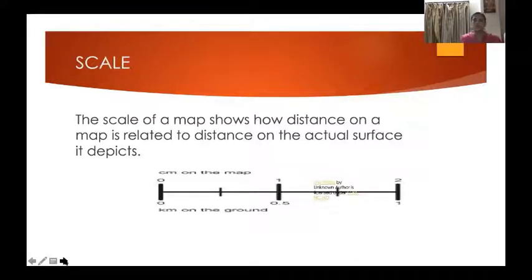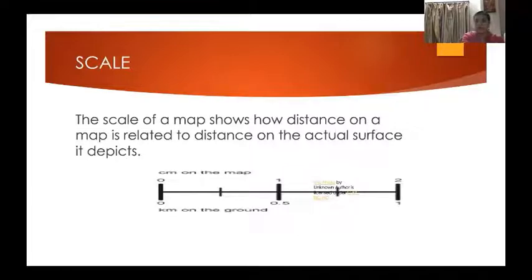Now we come to the scale of a map. What is a scale of a map, children? The scale of a map shows how distance on a map is related to distance on the actual surface it depicts. Depicts means it shows in the form of a drawing or a figure.